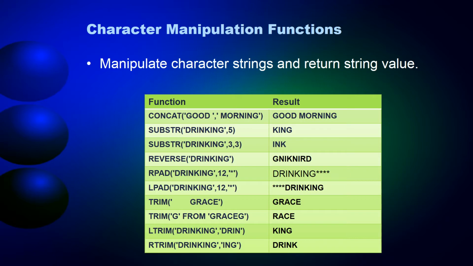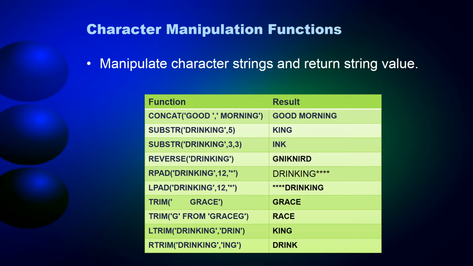Next is the same trim function with some more arguments, that is we are giving trim of G from grace G. This function will remove the G character from the beginning and ending of the string.